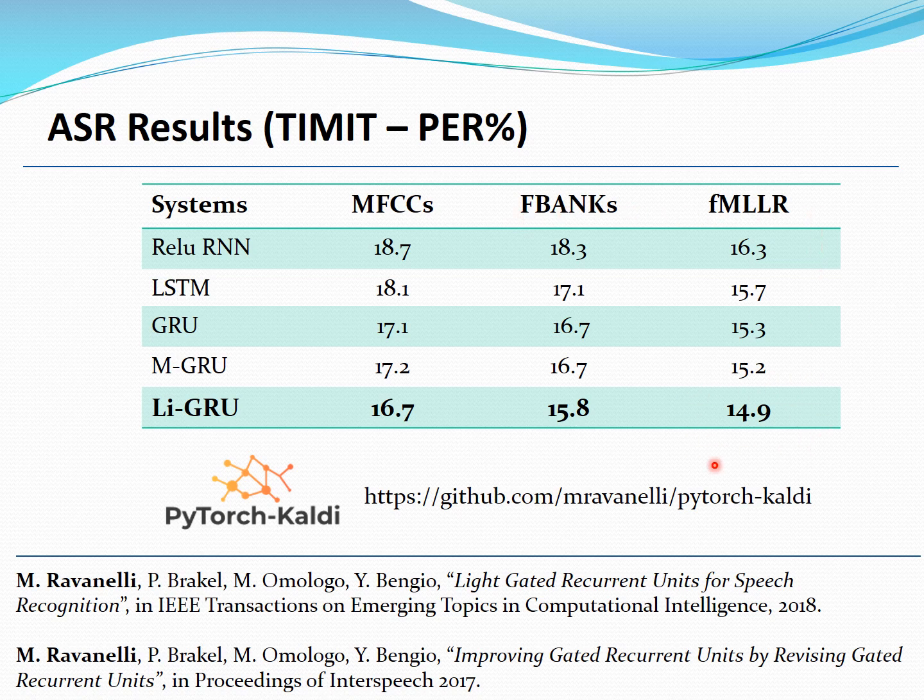And here you can see that we reach a very good performance in the TIMIT dataset. So this is a very interesting result because it shows that this model not only simplifies the computation because it's only based on a single gate, but also improves the performance.